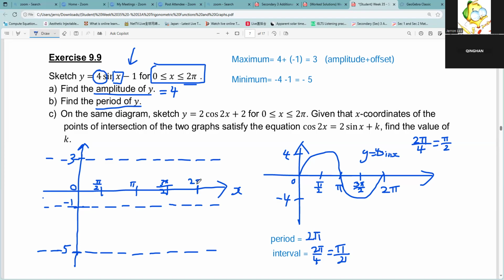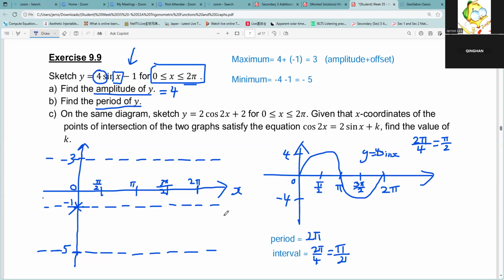Now you're going to see what I'm going to do. I am going to put in the points. And how does it work? For instance, you're supposed to start at 0, right? No, but this time around, you will start at -1. You know why? Because it is 0 minus 1. So it's supposed to be -1, right? The next thing is pi over 2.